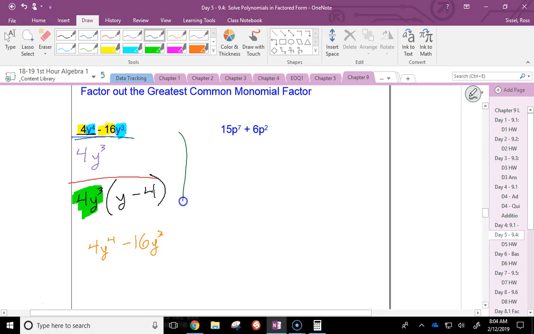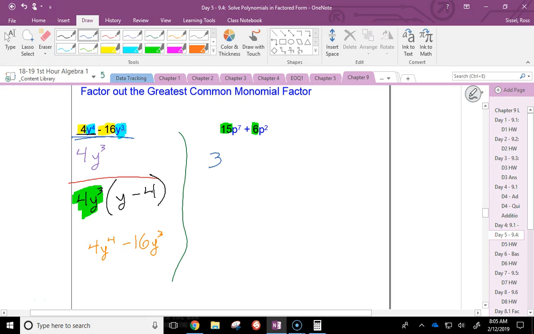If we try it on this one, we're going to do the same thing. First, I'm going to look at my coefficients. So, my greatest common factor between 15 and 6 is 3. Okay?